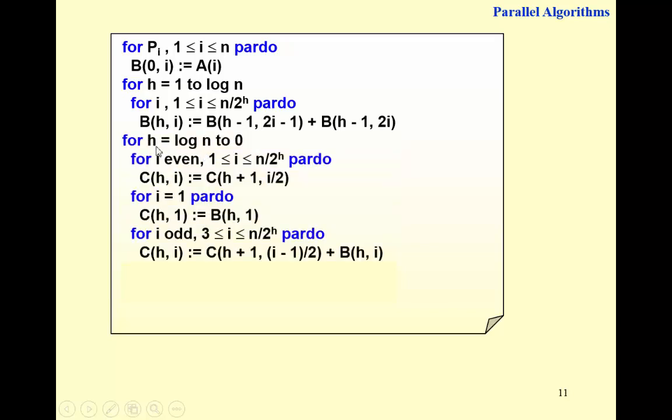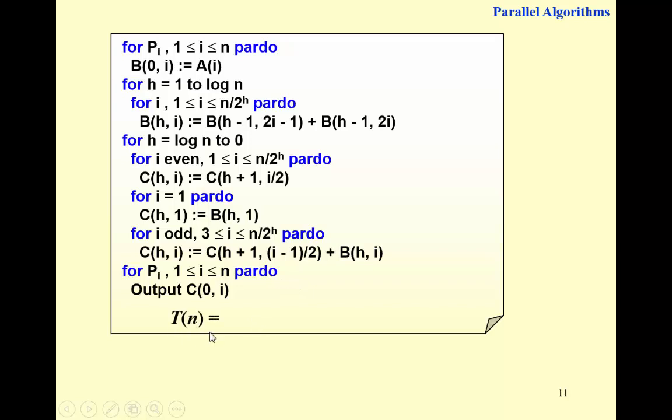And then from top down, h starts from log n, from the root, to the bottom 0. And these are the three cases. If i is even, we do this calculation. If i equals 1, we simply copy B, right? If i is odd, then we do the calculation according to this formula. And finally, output all the prefix sums in one parallel do.